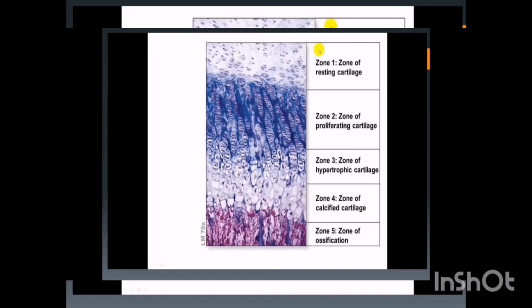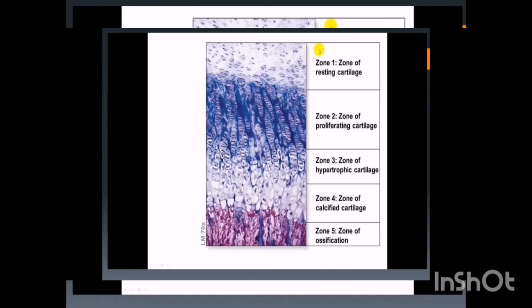Here the chondrocytes cease to divide and they begin to grow in size, which is hypertrophy, and the walls on this side of the lacuna begin to get thinner. In zone 4, this is the zone of calcified cartilage.